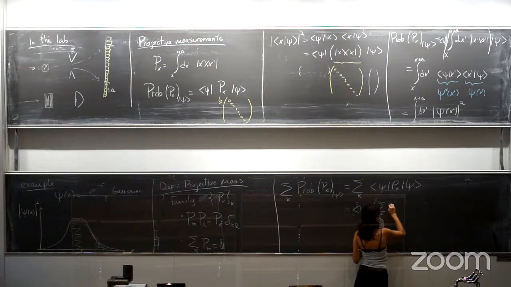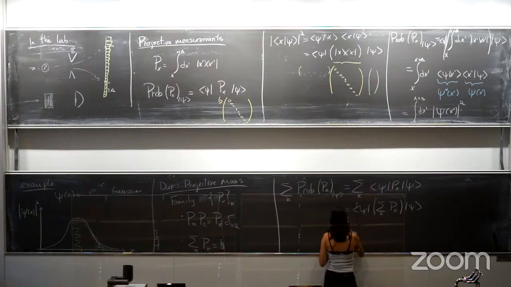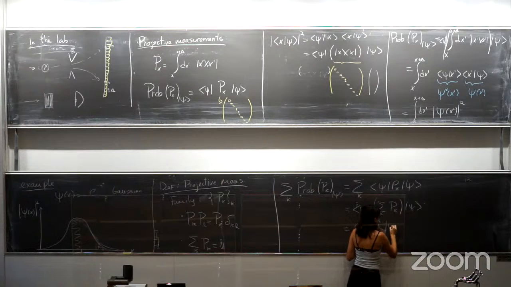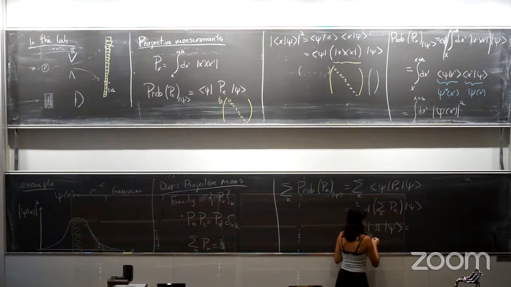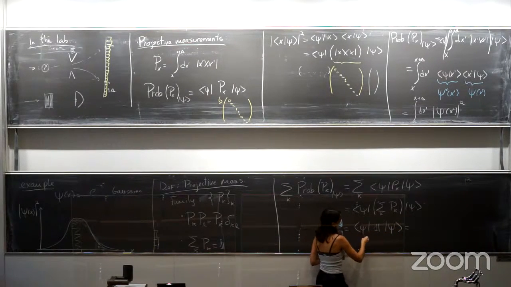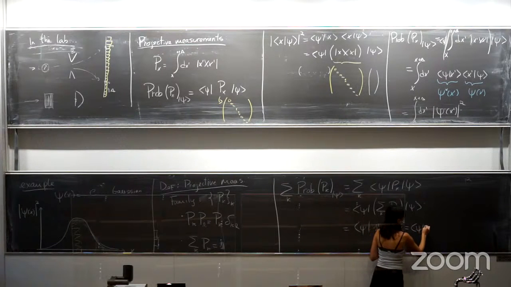Sum over k of pk, then psi. The identity does nothing, so this is just this, and we said the state is normalized, so that's 1.